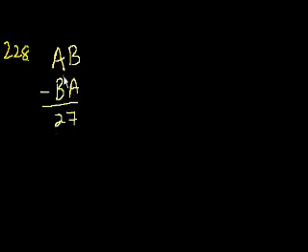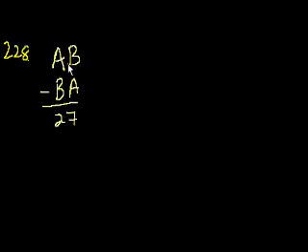So at least the way I've written it, what do we know about it? Well, A has to be greater than B, right? If AB is greater than BA, A has got to be greater than B. I was going to say A could be greater than or equal to B, but if A was equal to B, then this thing right here would be 0.